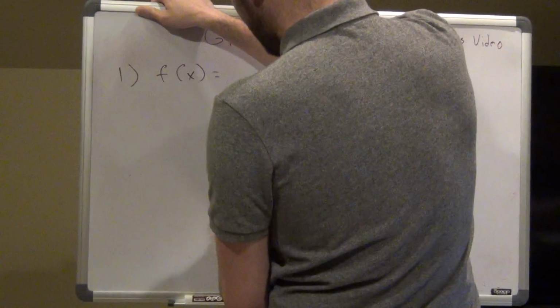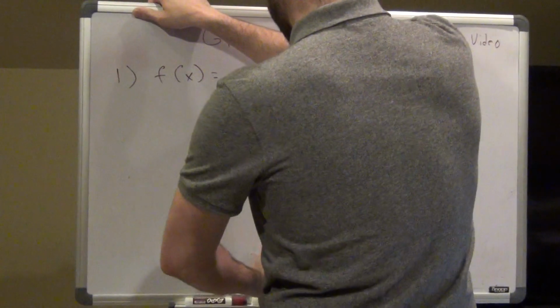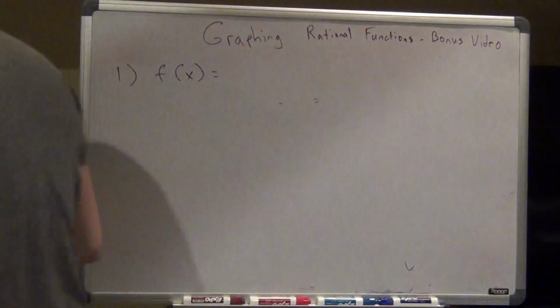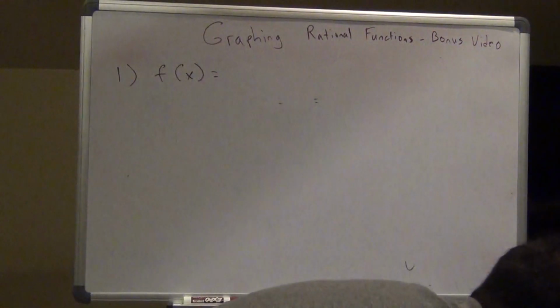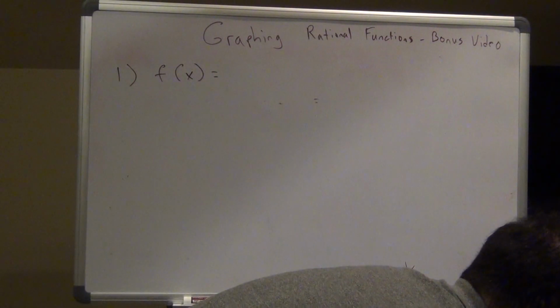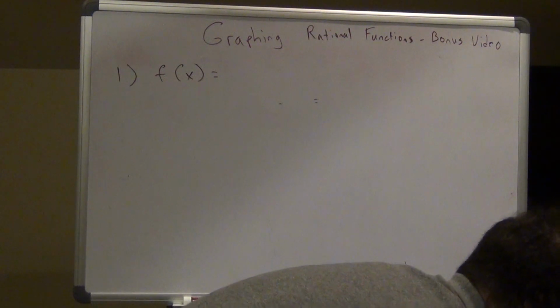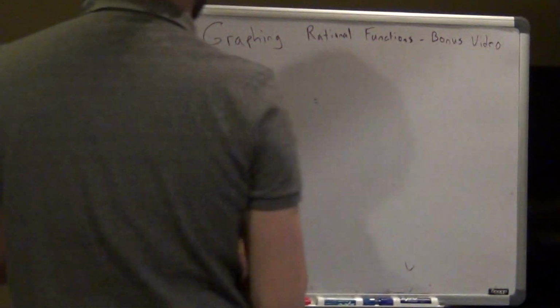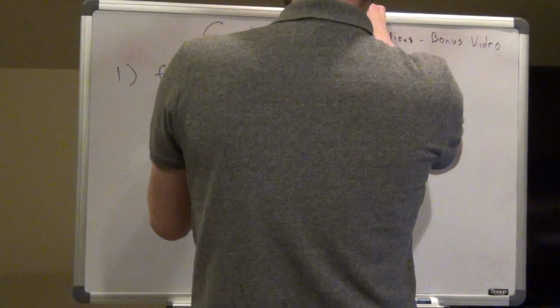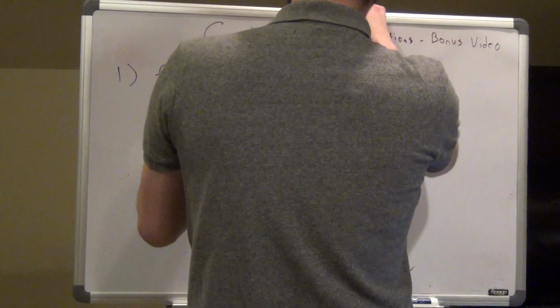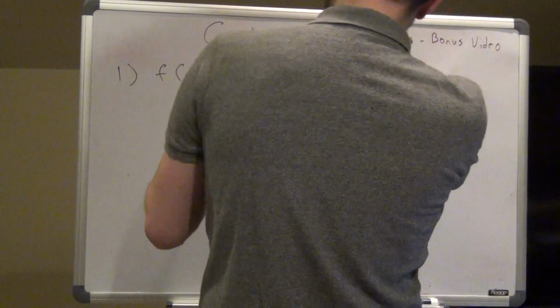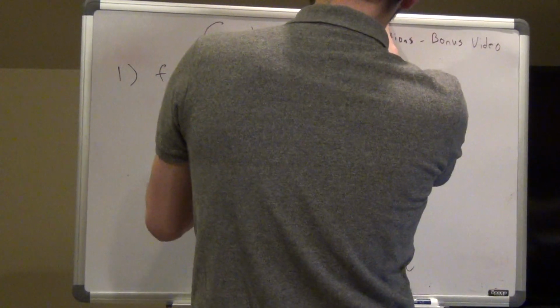All right. So let's look at a second function again. I'm going to have a second function here. Just pull up my notes. Okay, it's going to be 8 over x squared plus x minus 6, all right?